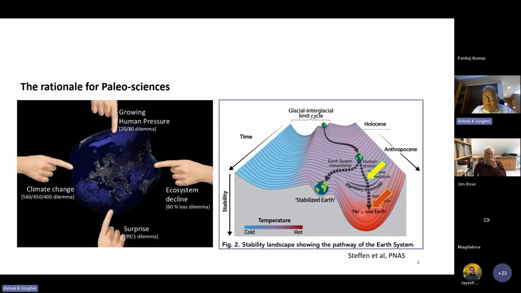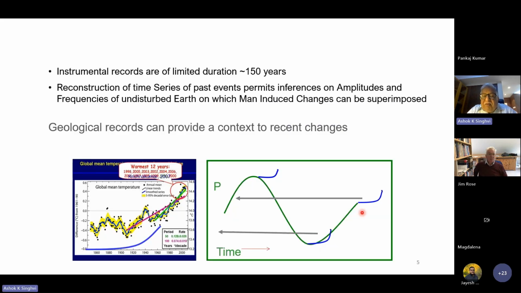It's important, therefore, to find out what were the past extremes of climate that we experienced, and can we superimpose the global curve of temperature rise or carbon dioxide rise on this major climate cycle.